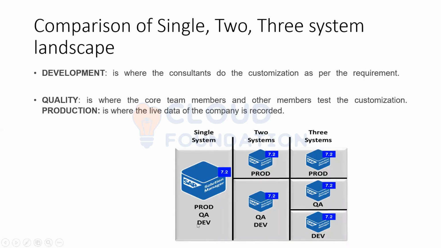Initially it was very difficult, because in a single system, where production, quality and development are all in the same system, if a client wants to log in, he has to log in within the same system. If an end user wants to log in, he has to be in the same system.